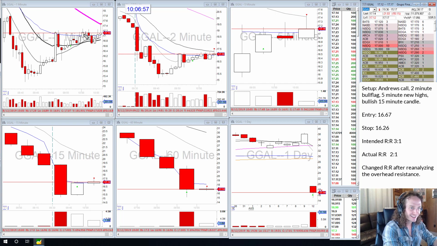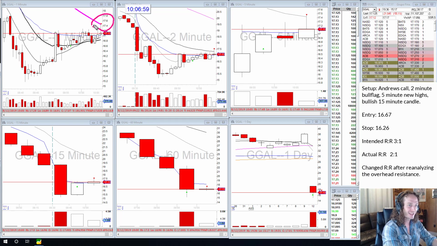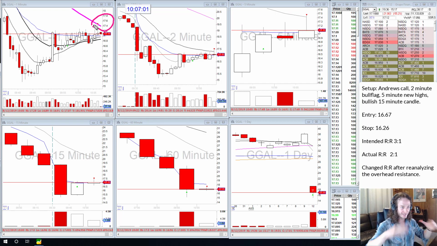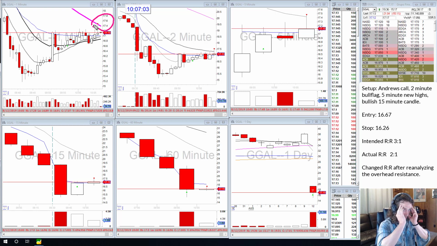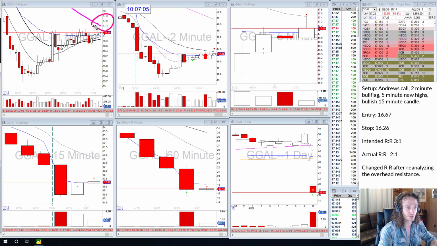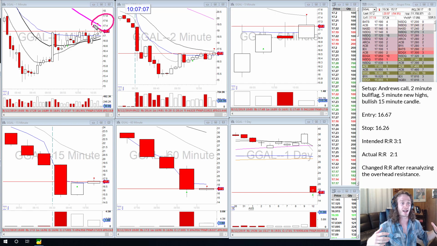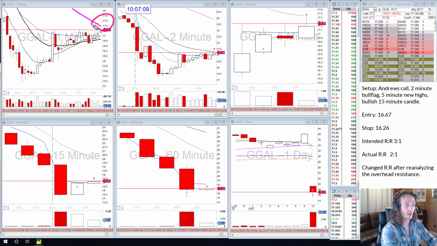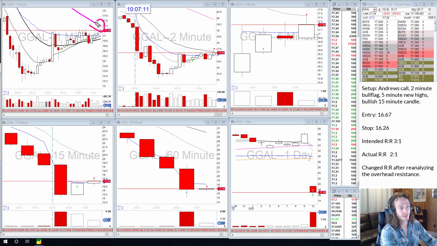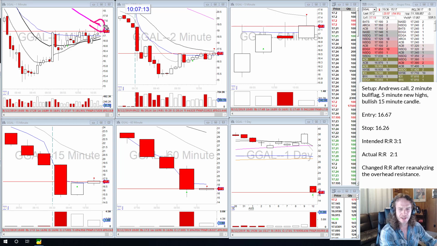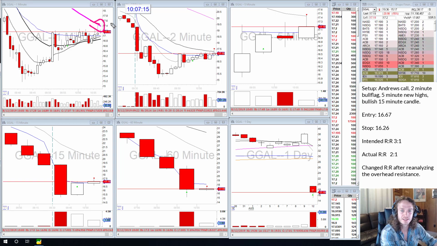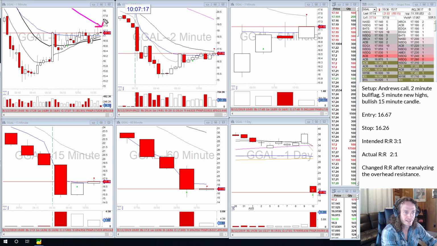And you see that? Look at that baby right there. When you've seen these things happen enough times, you know where to put your entries and exits. I don't care if this continues to go. I guarantee you this wick was created by selling just like me. Selling that happens just like what I did right there.